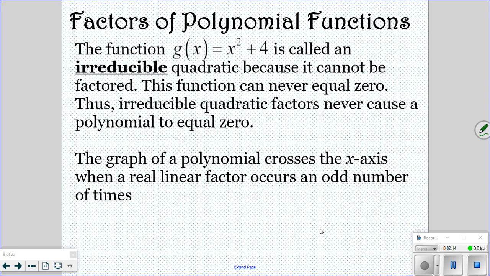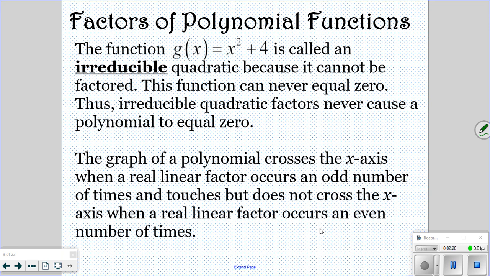Your graph of your polynomial is going to cross the x-axis when a real linear factor occurs an odd number of times, and it's going to touch but not cross it when it occurs an even number of times.